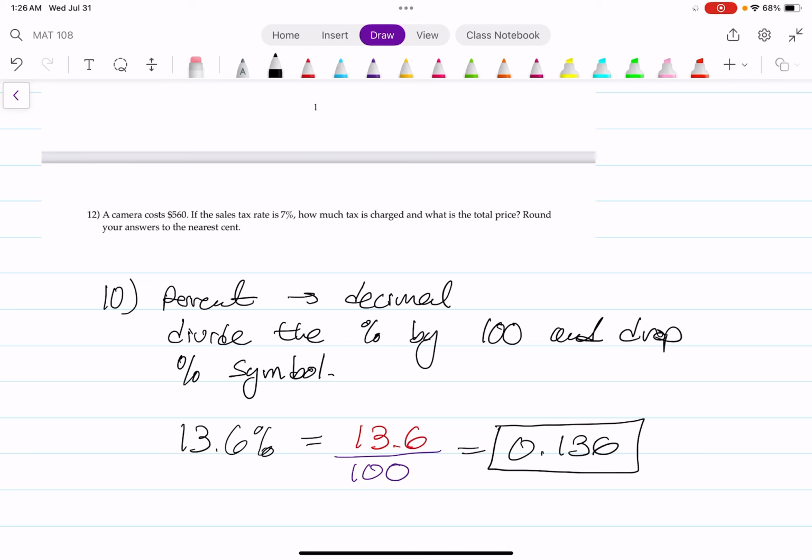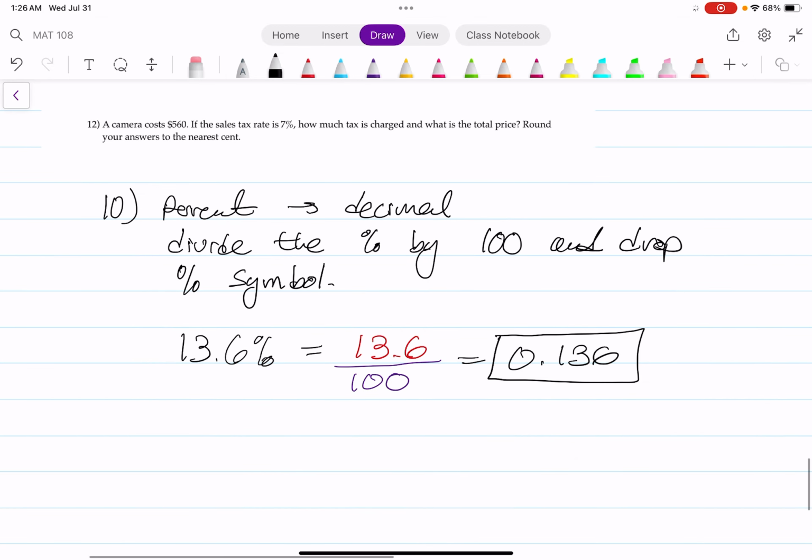Now, before I move on to number 11, look at the two. Make a comparison between the percent form and the decimal form. What do you notice? Well, you notice the percent sign was dropped, but the decimal is 2 units to the left. We moved 2 places to the left.